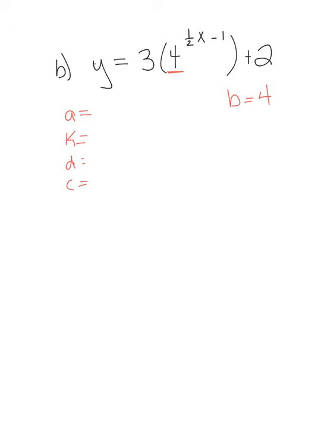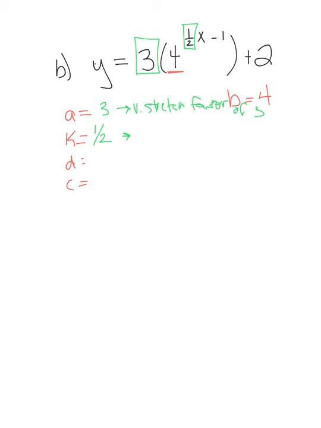So moving forward, we can see our transformations. I have a 3 out front, which is my A, which means that we have a vertical stretch by a factor of 3. So it's going to look a little messy here. Then I have my K, which is out front of the x inside of my exponent. So my K is going to be 1/2.